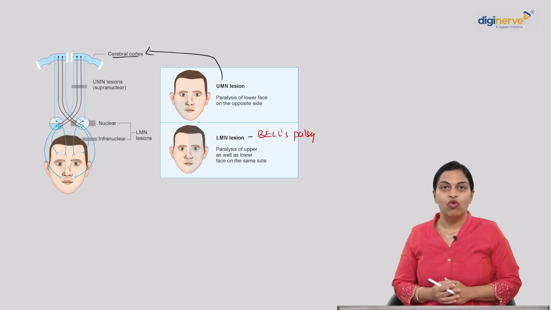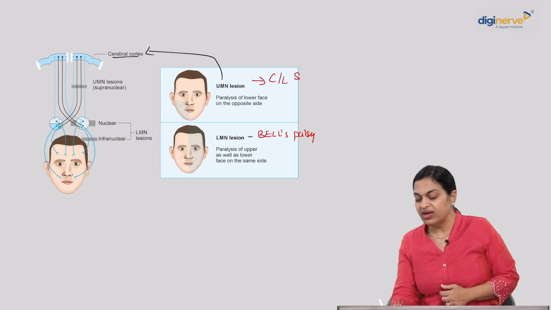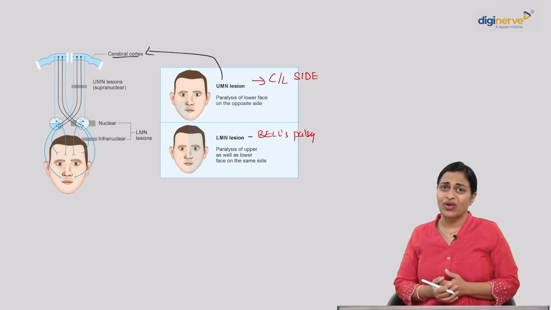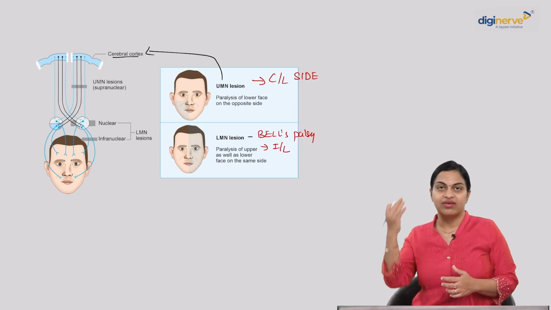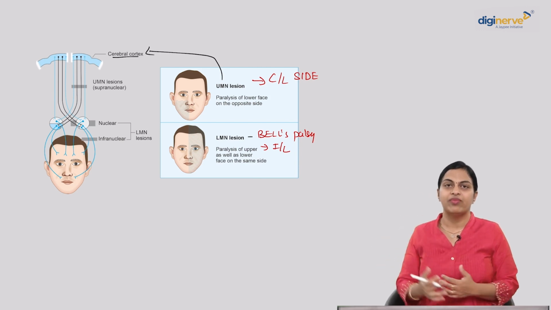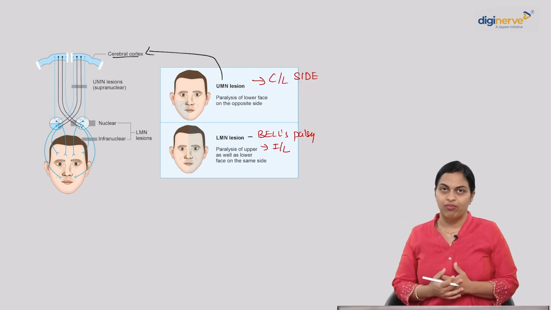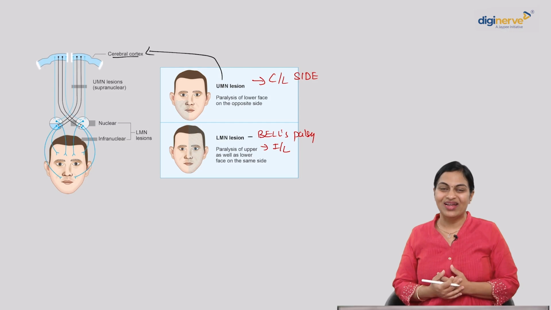So in an upper motor neuron lesion, please remember the contralateral side is affected. And lower motor neuron, those in the brainstem and spinal cord, so here the ipsilateral side is affected. Injury to that will produce a lower motor neuron type of facial palsy on the same side, right?